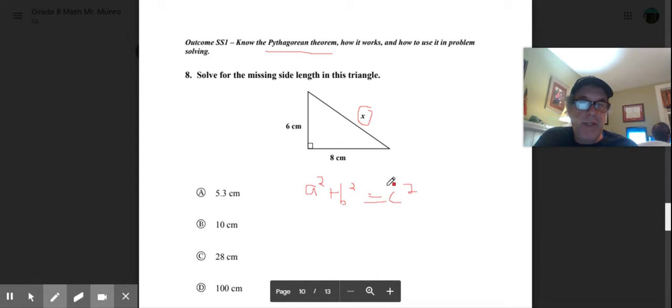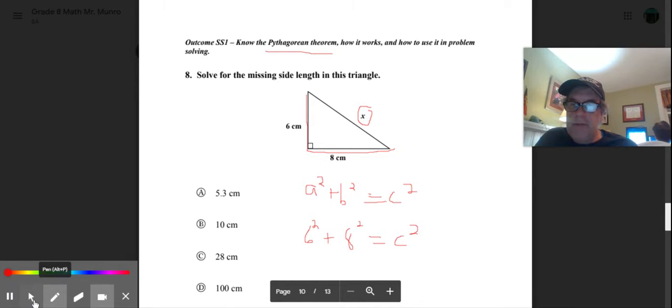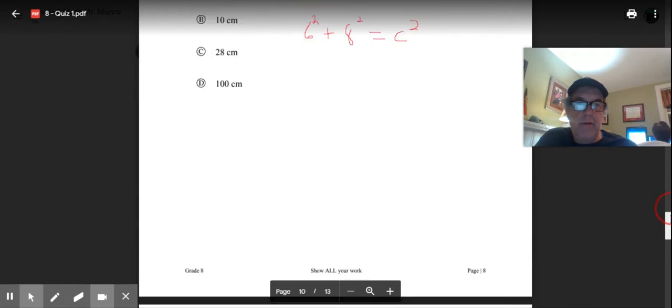So you don't know what the c is, but the legs, it doesn't matter which leg is a, which leg is b. I'm going to go 6 is going to be my a, plus, then I'm going to go my 8 for my b. Remember, all these are squared now as well. So I'm just going to pull it down here a little further.